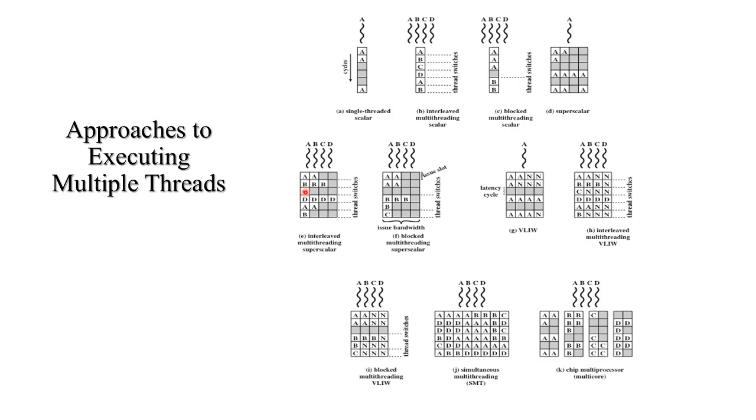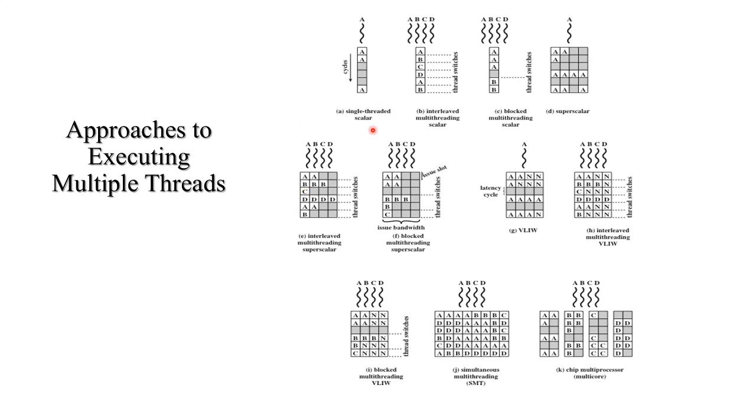This results in better utilization of the processor's execution resources and avoids a large penalty due to cache misses and other latency events. The SMT approach involves simultaneous execution of instructions from different threads using replicated execution resources. Chip multiprocessing also enables the simultaneous execution of instructions from different threads.